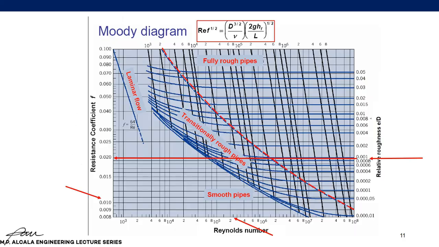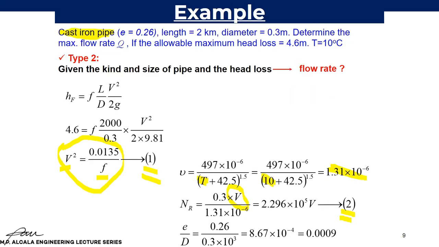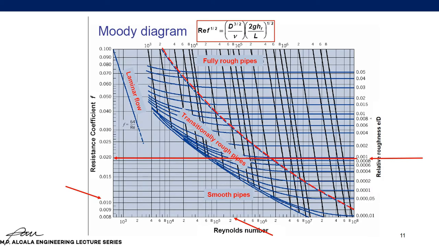Now, looking at this equation or the trial one, actually this is an ugly guess, okay? Because as we said earlier, your initial guess should be close to the function of the roughness, right? From the line of the roughness, in this case, in this line, okay?